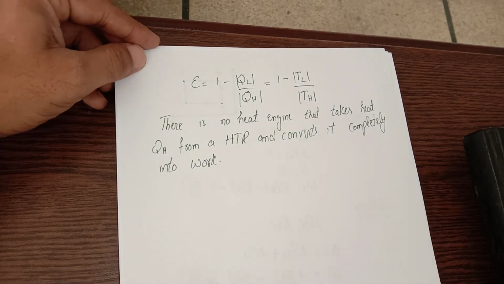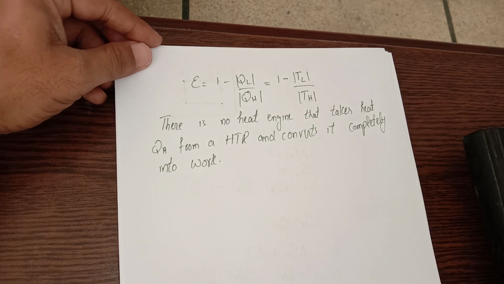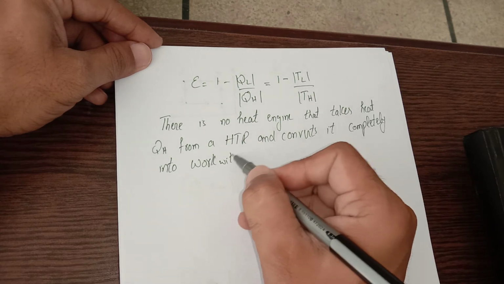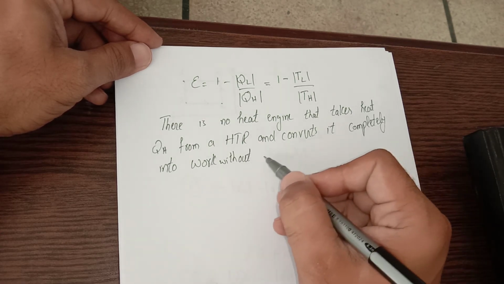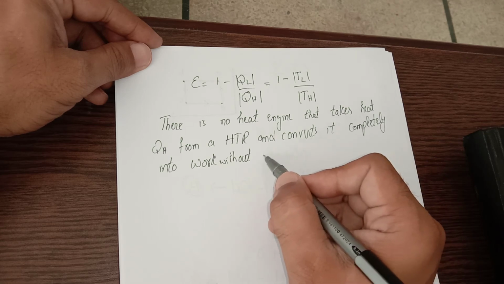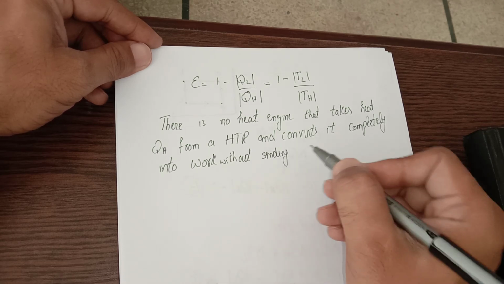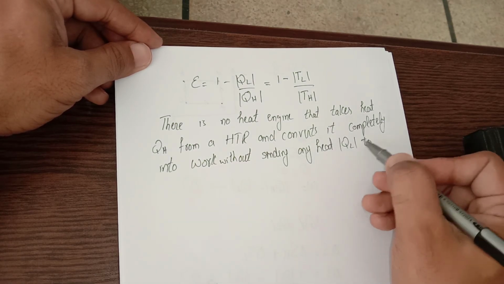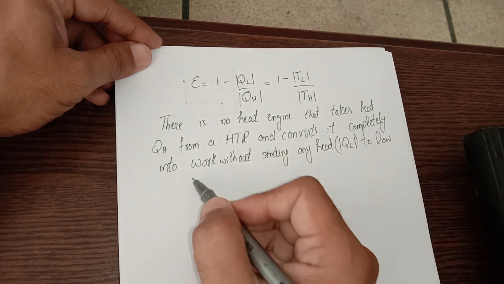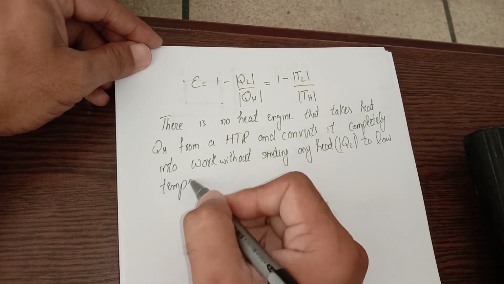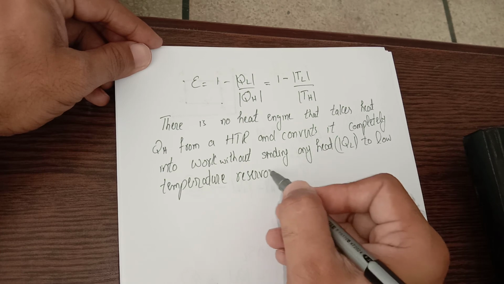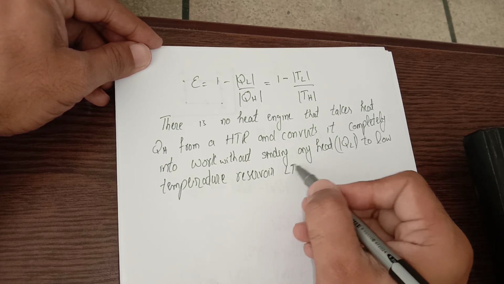There is always some value of QL, that is heat transferred between the low temperature reservoir and the working substance, without sending any heat QL to the low temperature reservoir, LTR.